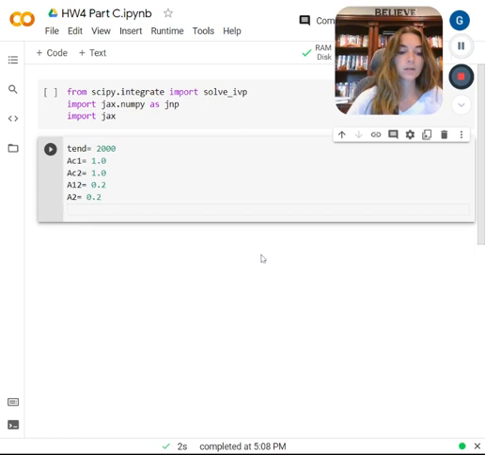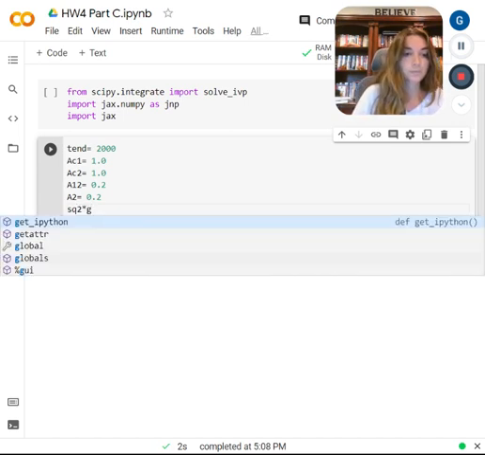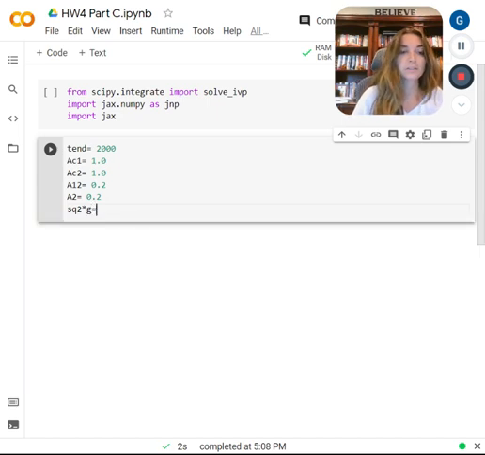Okay, and then another variable you want to define is the square root of 2 times the gravity constant, because we are using that a lot in some of our expressions.